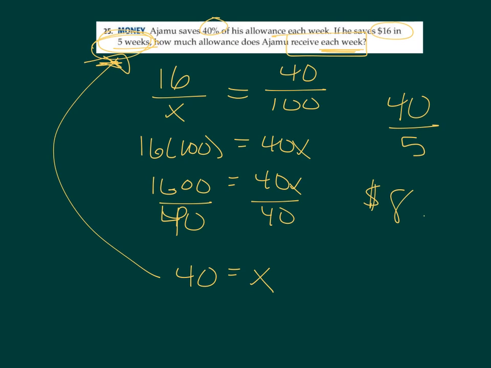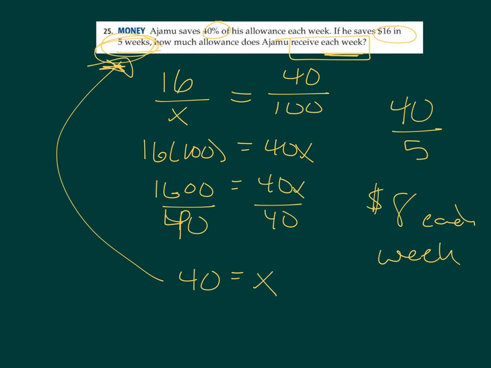This tells me how much was made each week after I divide the $40 by the number of weeks, which was 5, and I get a total of $8 each week.